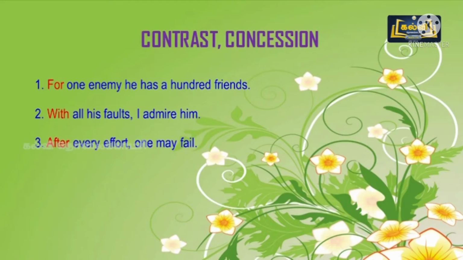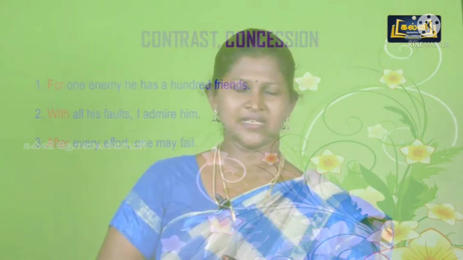And in the third sentence, after every effort one may fail. Here after is the preposition. See, one word occurs in different places. You have to understand which word or which preposition comes to which place without changing the meaning.